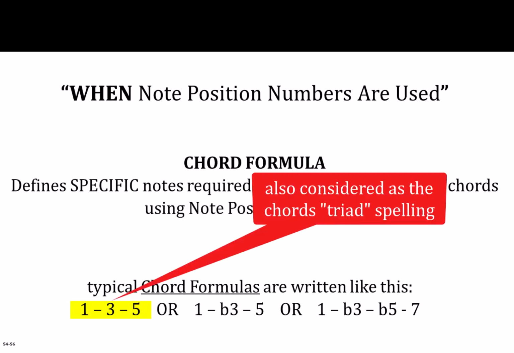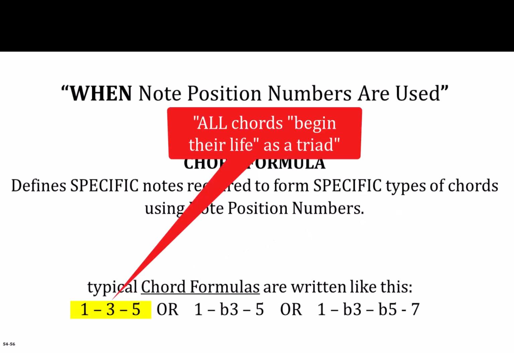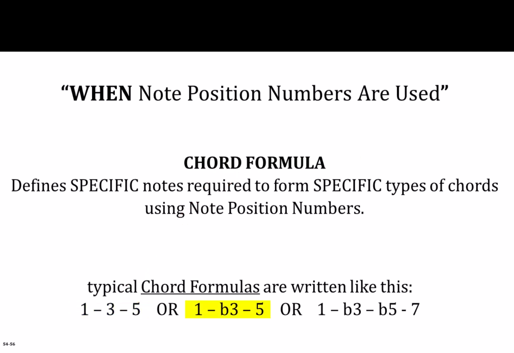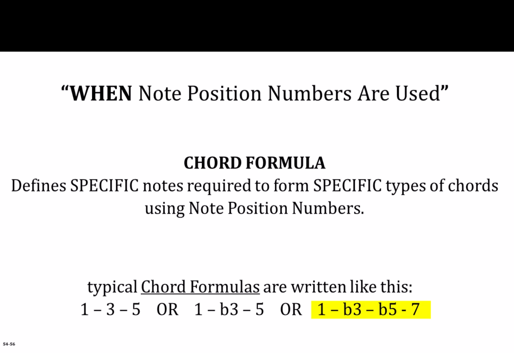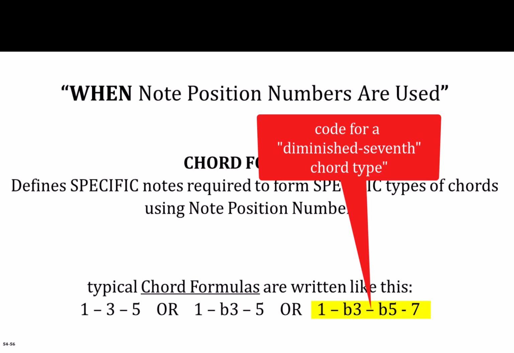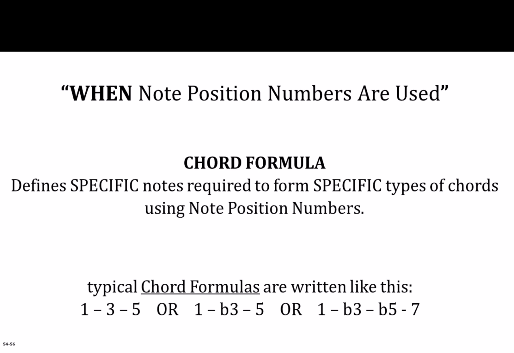And while we're here, I might add that the first 3 note position numbers in any chord formula are generally considered its triad spelling and is basically where all chords begin their life. The 1, flat 3, 5 note position numbers you see here is the code for a minor chord type. And then the last example, the 1, flat 3, flat 5, 7, is the code for a diminished 7th chord type. These, remember, are all note position numbers that we're looking at.